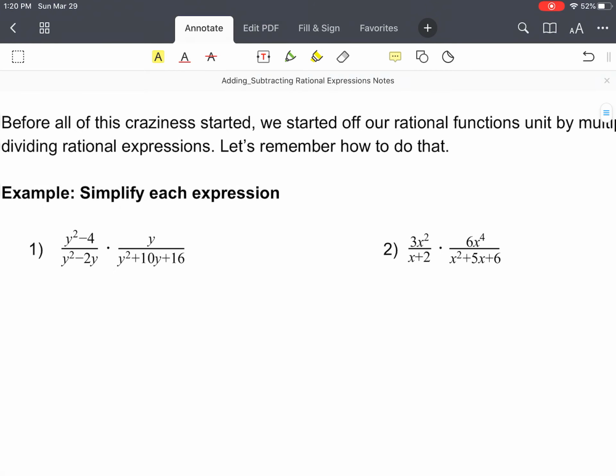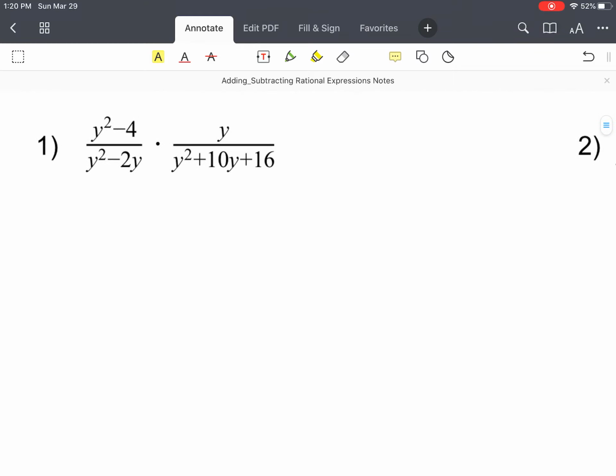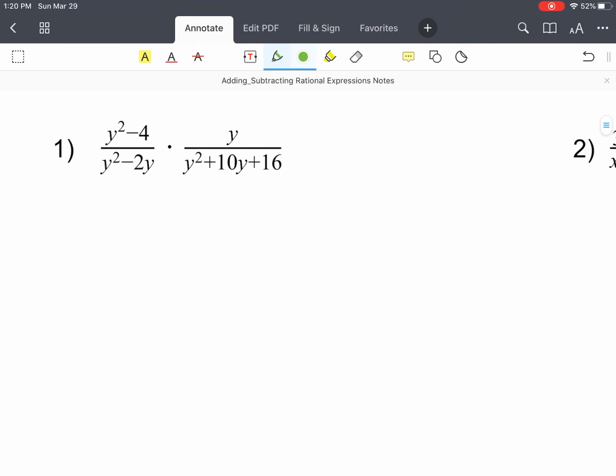All right, so before everything started, the very first thing that we did with rational expressions is simplifying them. So if I've got these two fractions and I'm multiplying them together, you remember what you should always start by doing is factoring.